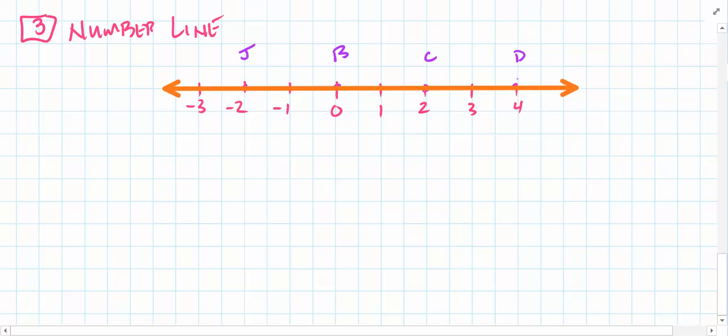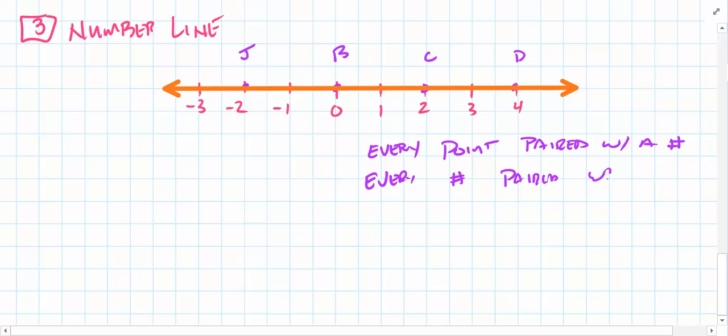But I can also assign what to these numbers? Points. Very good. So I can say this: every point is paired with a number, and every number paired with a point.